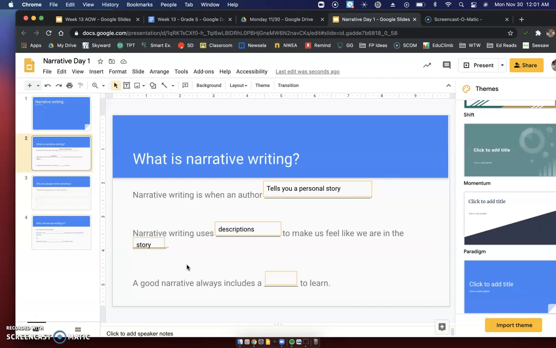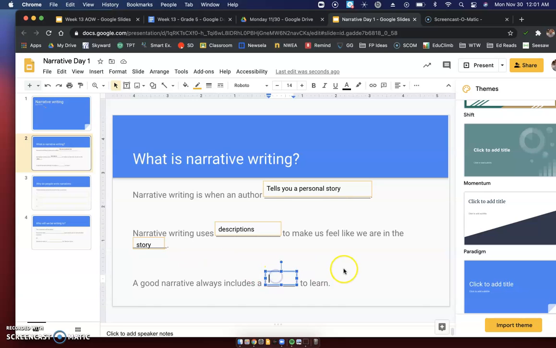The reason they do that is because they want you to feel like you are the main character in their story. If you don't really feel like you're inside the story, then it's not going to be a very good narrative.